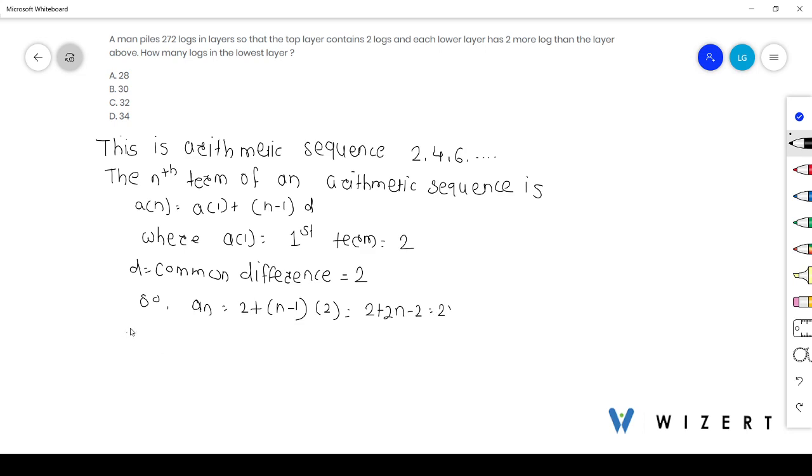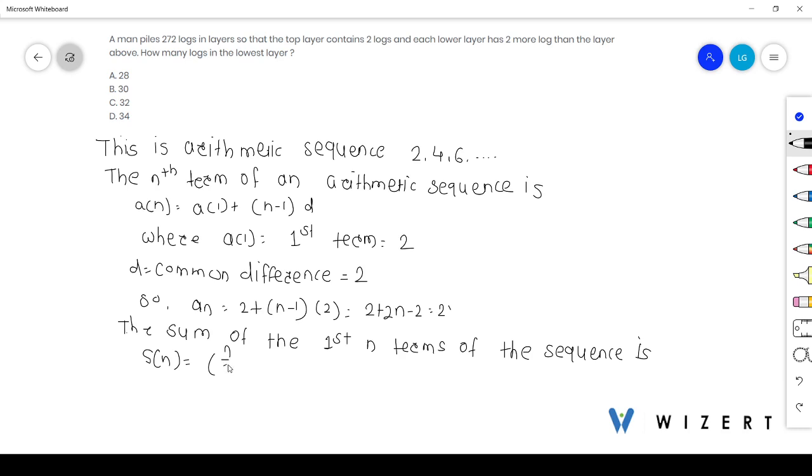The sum of the first n terms of the sequence is Sn equals n by 2 into a of 1 plus a of n.